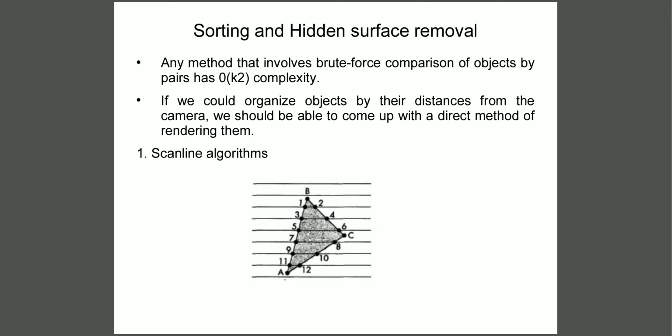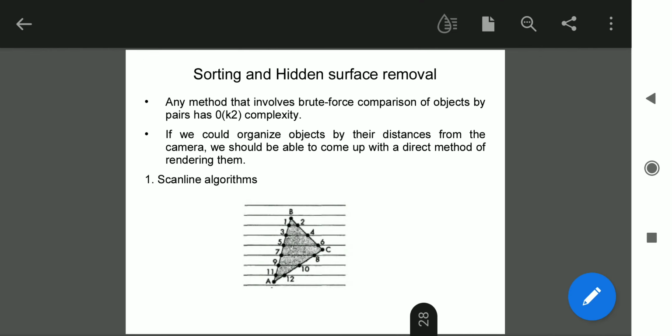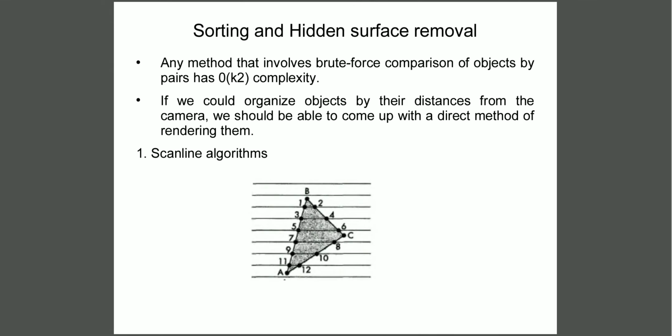This rule is nothing but the odd even fill algorithm. Always, the pixels between an odd numbered intersection and an even numbered intersection get filled with the foreground color. That is, the pixels are updated between intersections 1 and 2, 3 and 4, 5 and 6, and so on till 11 and 12, but not between even and odd intersection points.